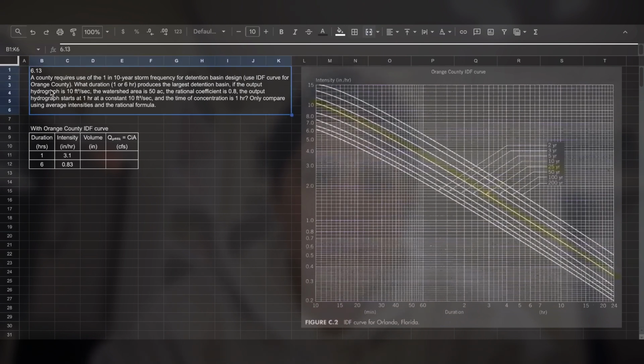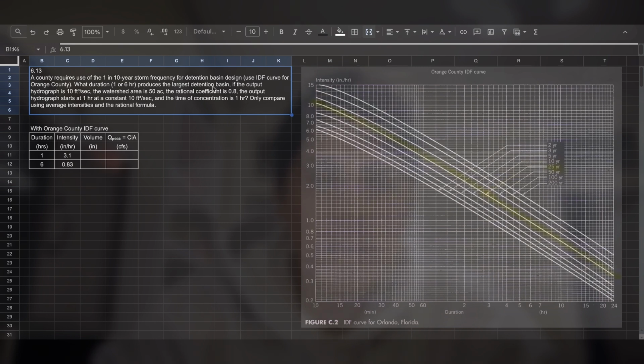Now, this is the way the book formulates this problem, which to me is very confusing. But all it's saying is, for the 10-year return period, compare the 1 hour or 6 hour intensity storm and see which one is going to require a bigger detention basin.